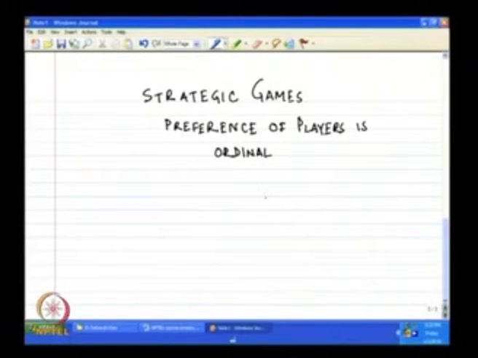What matters is relatively what the rankings are. So, suppose a bigger number means more liking for that option. Say this is A, this is B and this is C: the first choice, the second option and the third option. Here player 1 is attaching the number 10 to the first choice, 5 to the second choice and 1 to the third choice.